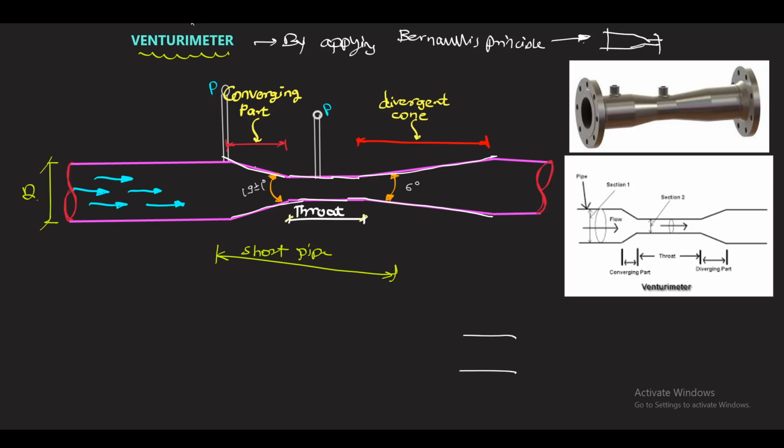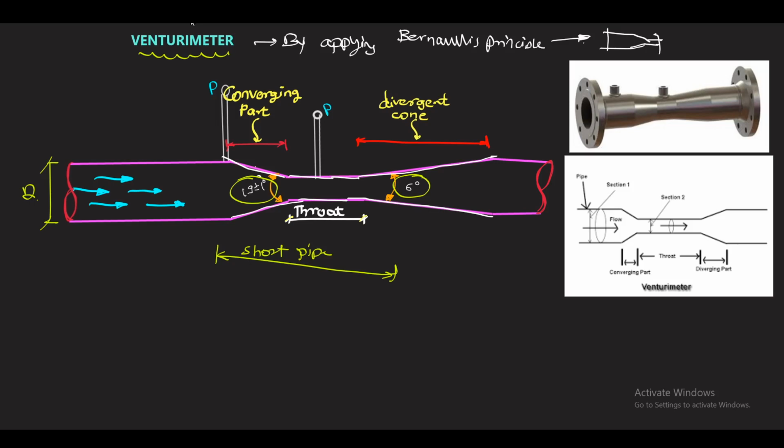As I have discussed the physical structure of the Venturi meter, it consists of a converging cone, then a throat and a diverging cone. Now if you observe, this convergent angle is greater than the divergent angle. So what happens in this condition?